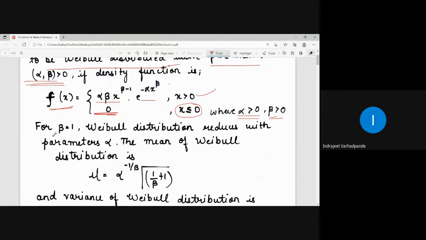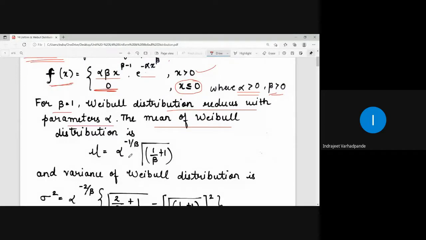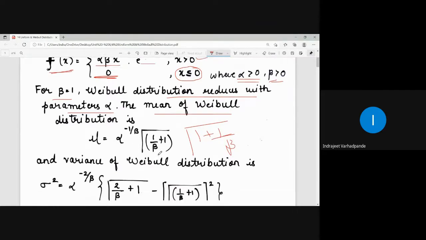For beta is equal to 1, the Weibull distribution reduces with the parameter alpha. The mean of the Weibull distribution mu is alpha to the power minus 1 by beta gamma of 1 plus 1 upon beta; gamma is the notation used for the gamma function. So mean mu for the Weibull distribution is this.